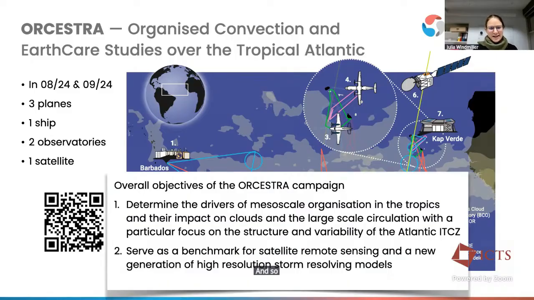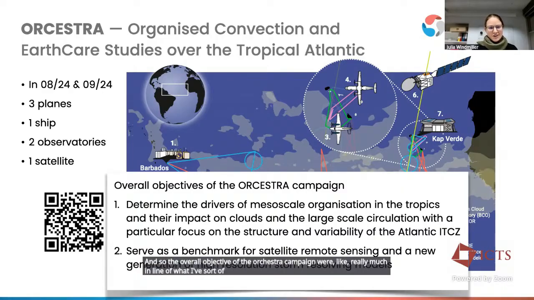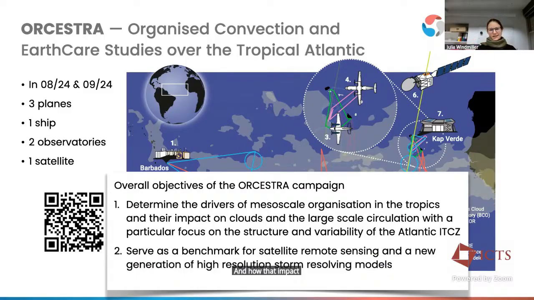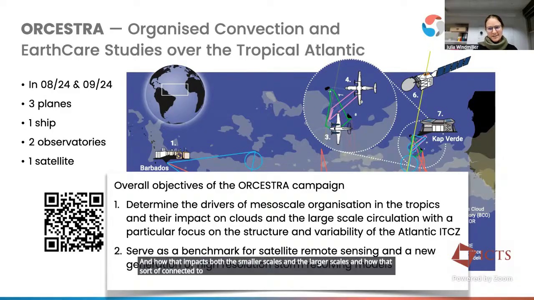And so the overall objective of the ORCESTRA campaign was really much in line with what I've presented so far: to ask the question of what drives mesoscale organization in the tropics, and how that impacts both the smaller scales and the larger scales, and how that's connected to the structure and the variability of the Atlantic ITCZ.